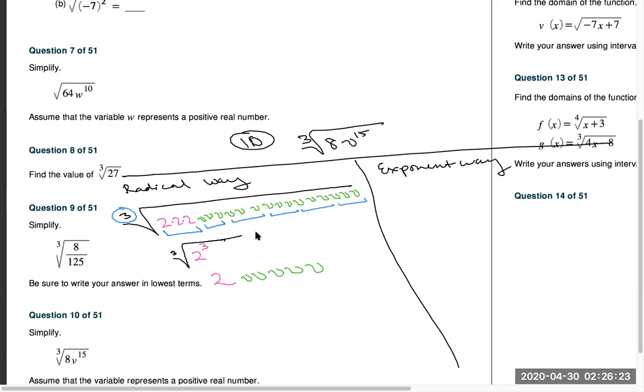The reason I left it off here is because if you're trying to think about pairing that off as a third power, it would actually be v to the 5th to the 3rd. And then the third power cancels out with the root. So your final answer for this would be 2v to the 5th.